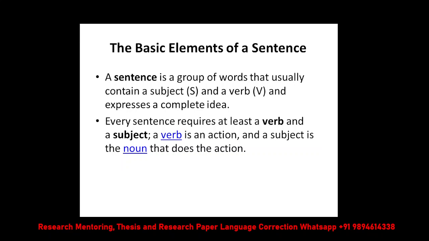If you analyze further, any sentence will have a subject and predicate, or you can call it a subject and verb. Different subjects and different verbs will be there. In general, the subject will be a noun, and the verb will be a word which denotes an action. So that is the first thing: subject and verb, you should understand clearly.